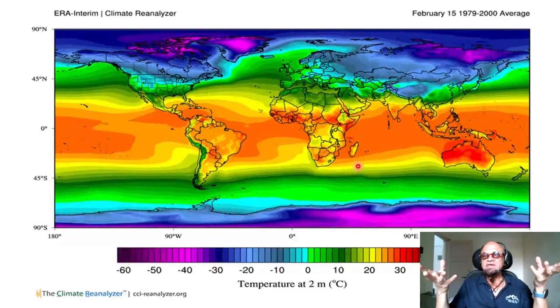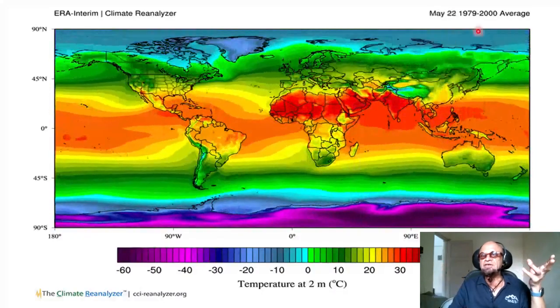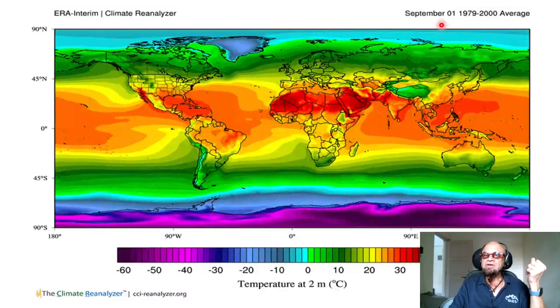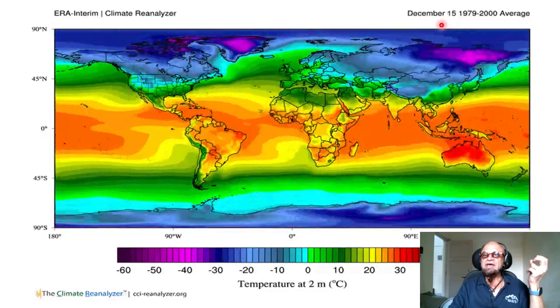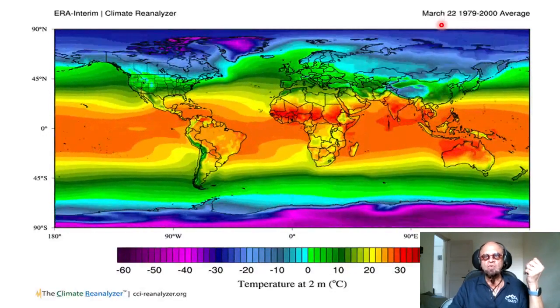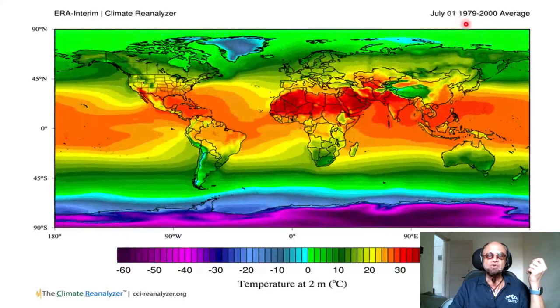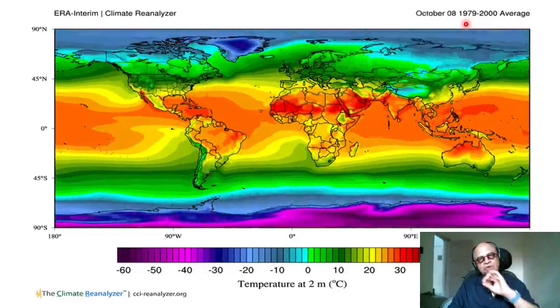climatologies, as we say. You can see the weeks progressing starting from January, every week or so. What they have done is take data from 1979 to 2000 and compute the climatology for each week.